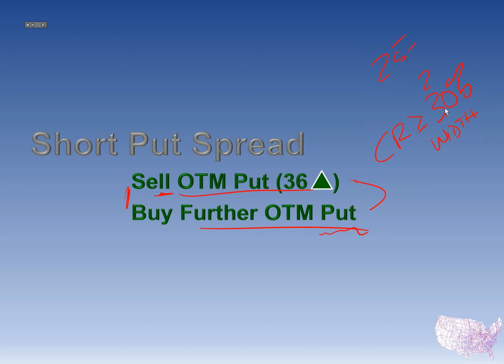That would be the green light, right? 25% would be a yellow light. So somewhere between 25 and 30% of the width of the spread. Green light, you're collecting 30%. Yellow light is about 25%. Red light would be anything less than that. You don't add in a penny for commissions.